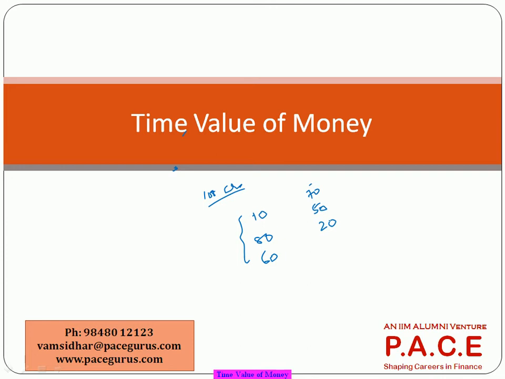So finance calculation is always looked at from the time value of money perspective. The earlier I get it, the higher the value it carries. In your bond calculation you use the same concept, in your stock price calculation the same concept, in your derivatives calculations the same concept.